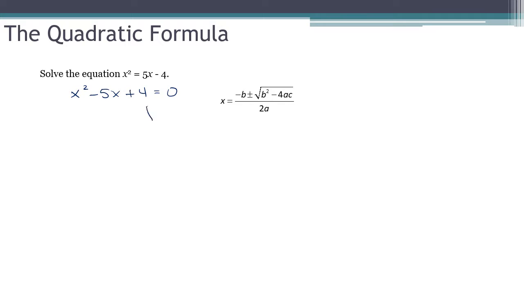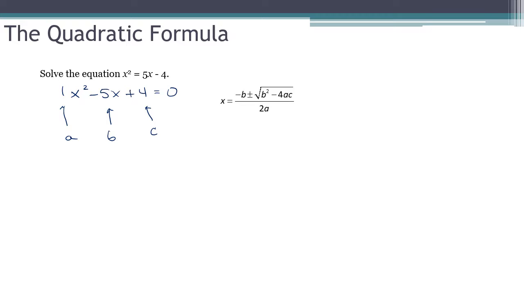Now I can get my values. C is going to be 4, b is going to be negative 5, and a, I know it looks like there's not a number there, but there is. There's always that implied 1. So when there's no visible number in front of it, that's okay. That parameter is just going to be 1.